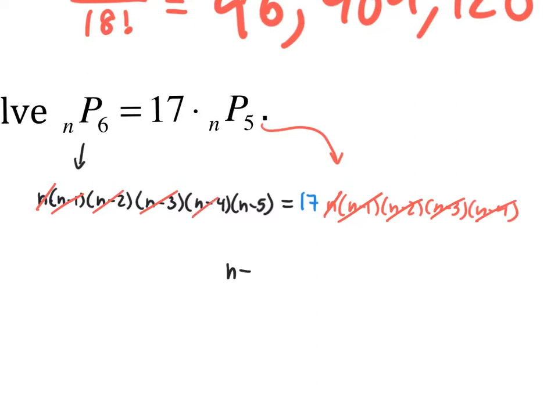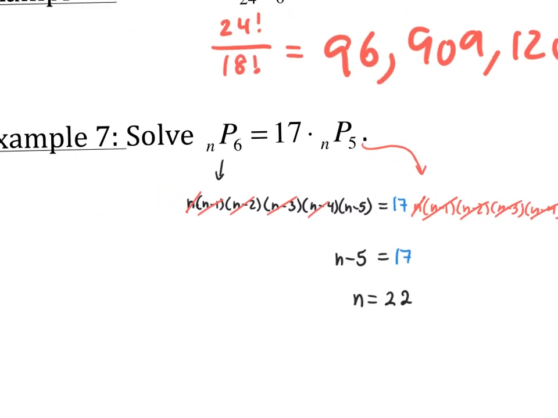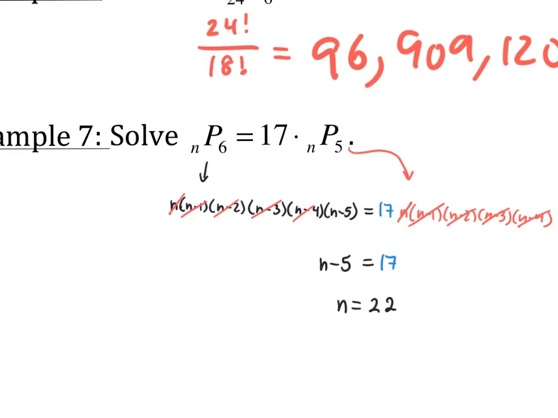We're left with n minus 5 equals 17. So what does n have to be? n has to be 22. So, in other words, the original group that I have is 22, and I pull 6 from that. 22, and I pull 5 from that.